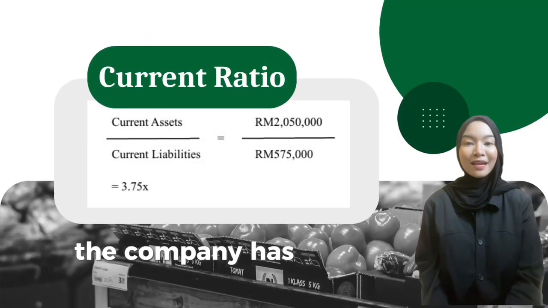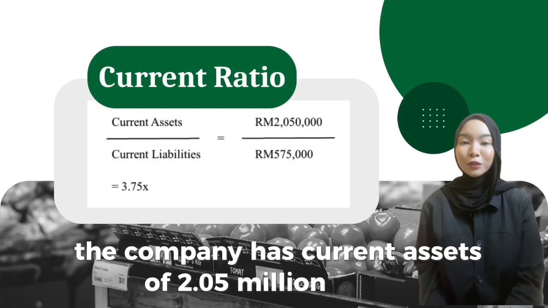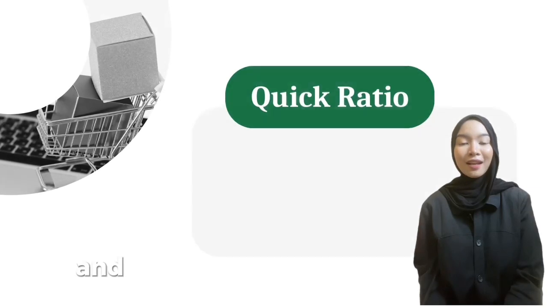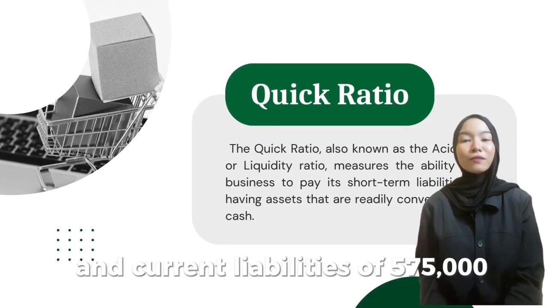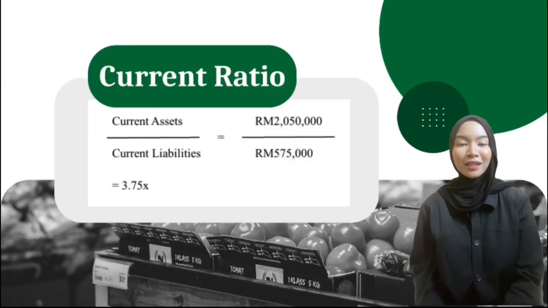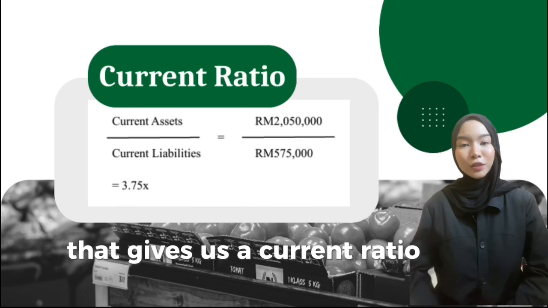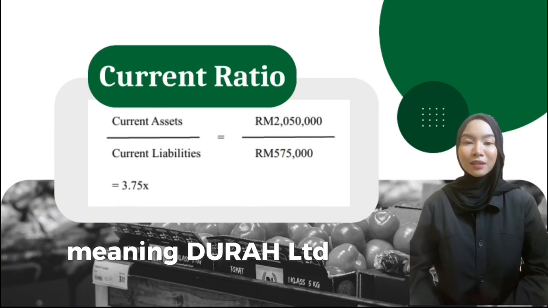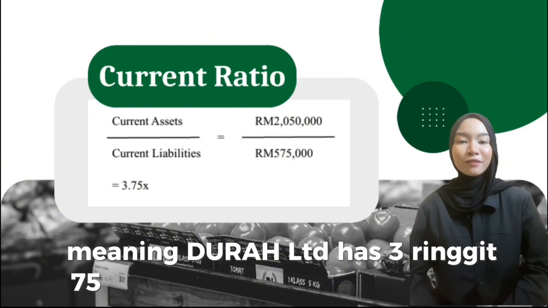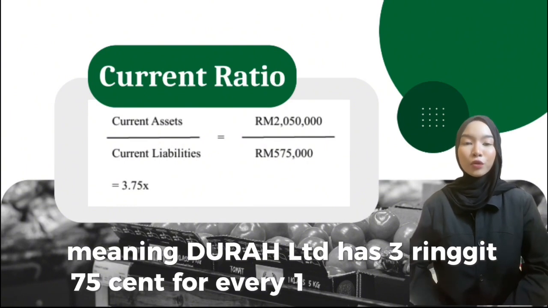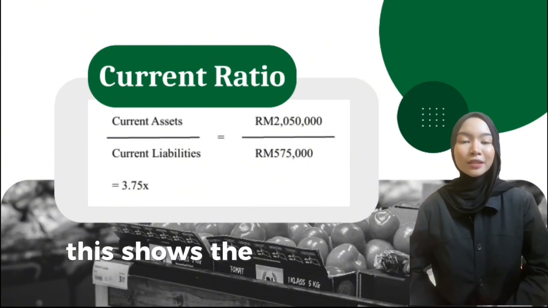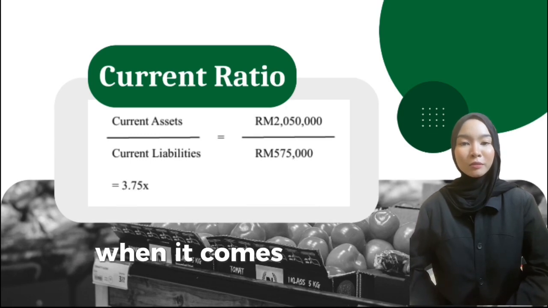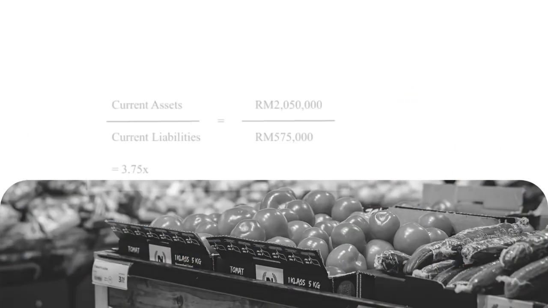The company has current assets of 2,050,000 ringgit and current liabilities of 575,000. That gives us a current ratio of 3.75 times, meaning Durrah Ltd has 3 ringgit 75 cents for every 1 ringgit it owes. This shows the company is in a safe position when it comes to short-term obligations.